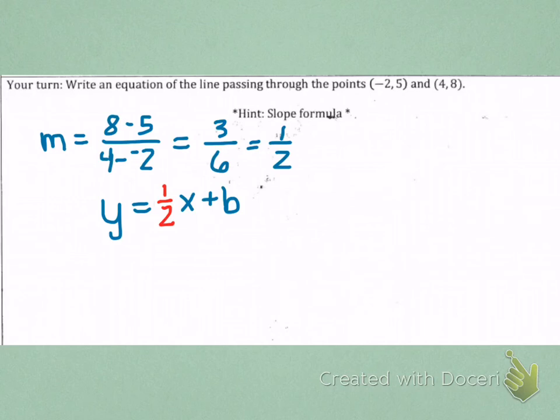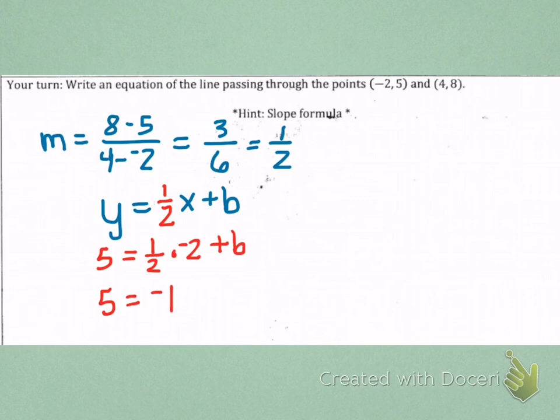I'm going to choose -2, 5, just because it's the first point they gave me, but you can use either one. So y is 5 when x is -2, and then I can solve for b. And it works out that b is 6.